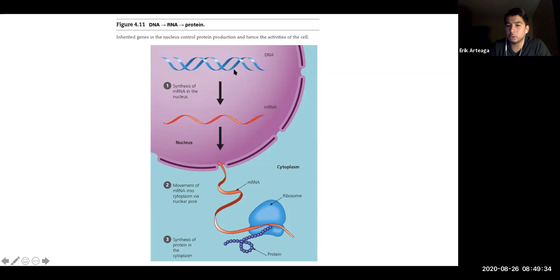So you have the central dogma here: DNA into RNA into proteins. DNA can be transcribed into mRNA. mRNA can then leave that nucleus through a nuclear pore, and then it can plug into a ribosome, wherever that ribosome may be.